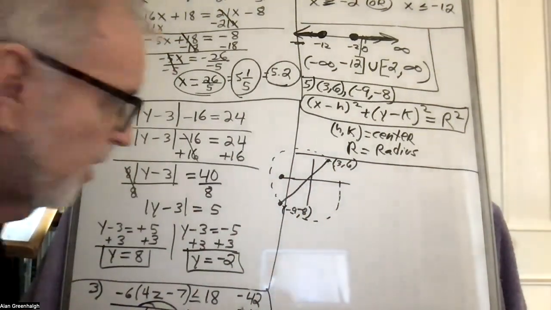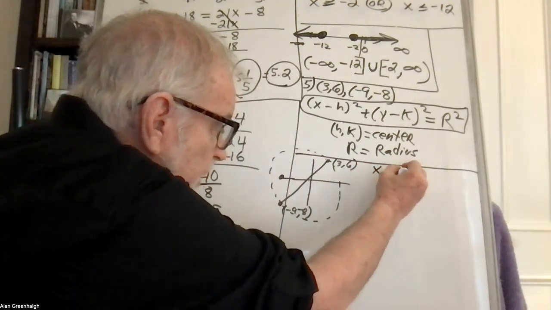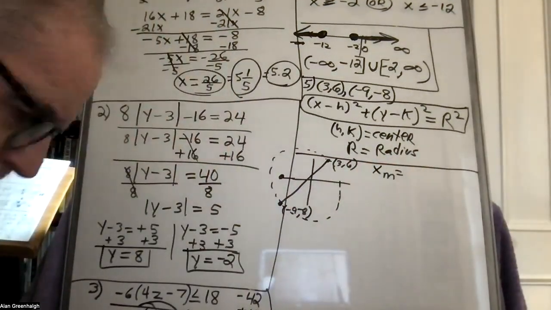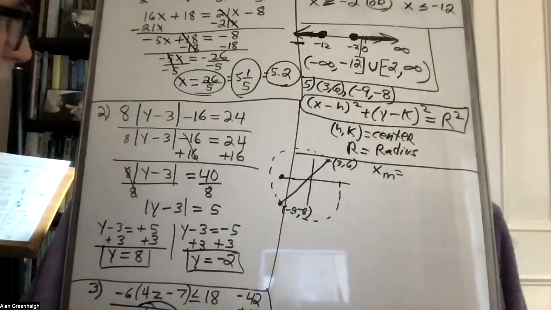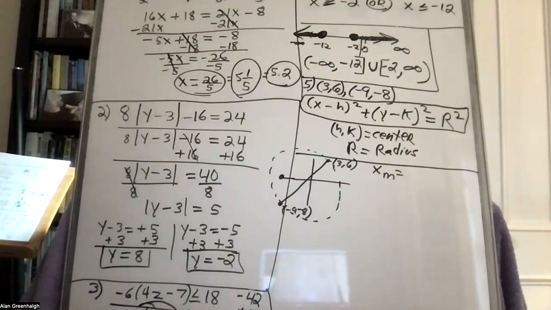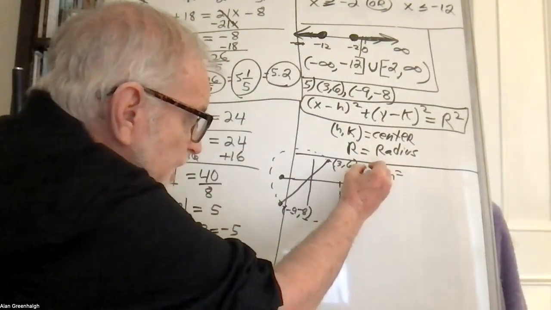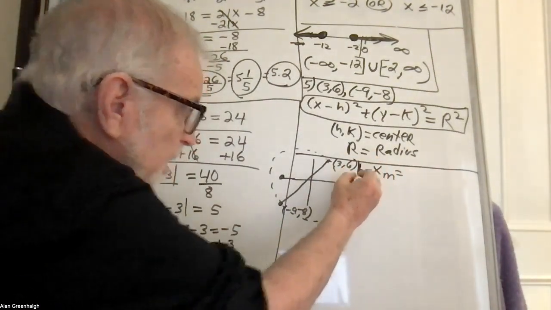So the first thing we're going to do is find the x coordinate of the midpoint using the original 2 points, (3, 6) and (-9, -8). Okay, so let's begin. And remember that this is the h part in the formula.